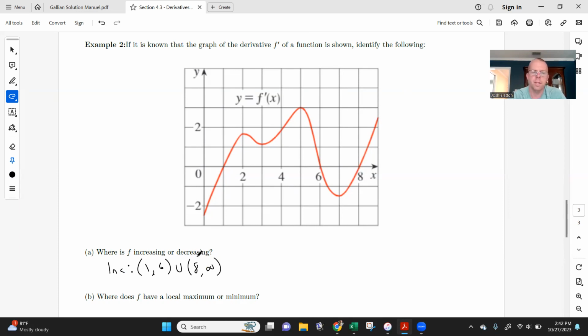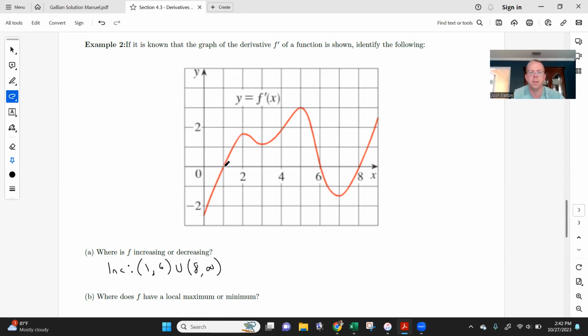And another thing, you notice I'm using parentheses on all of these because why? Well, at 1, the derivative is 0. If the derivative is 0, then the graph of the function is flat, it's horizontal. So it's not increasing or decreasing. That's the point where it changes.